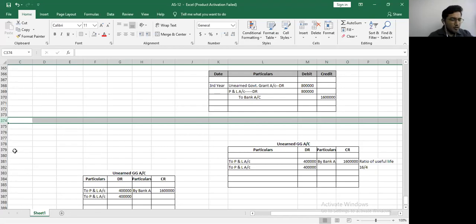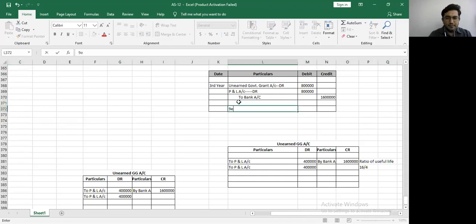You have the unearned government grant account and you have the journal entry. Do mention over here, government grant refunded.